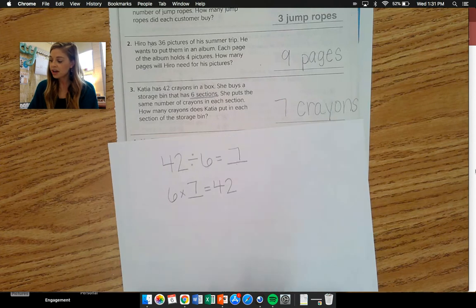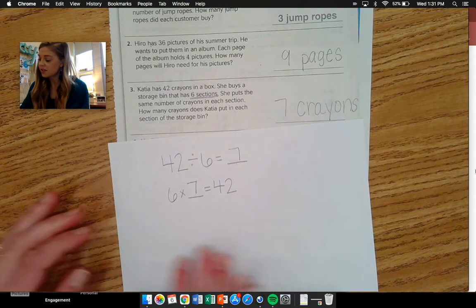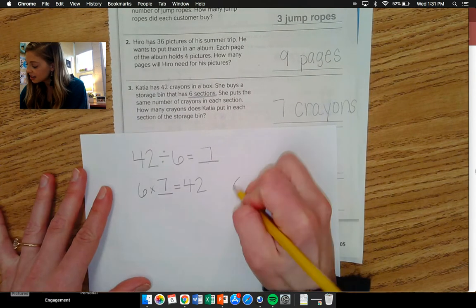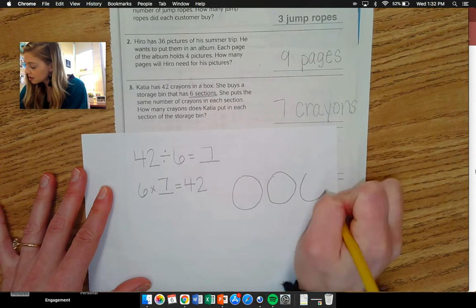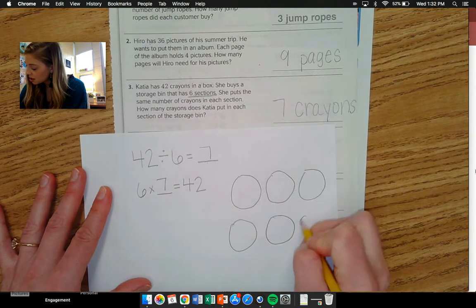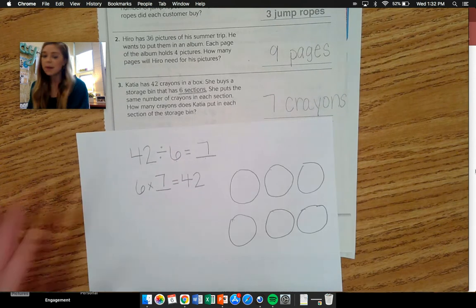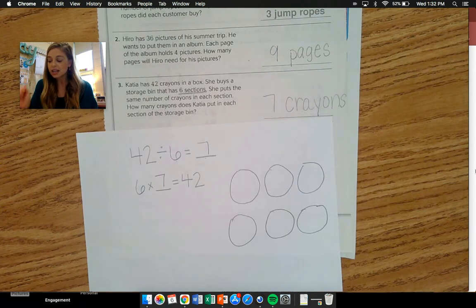You could have drawn 6 groups and put one in each section or one in each group until you get to 42. And you will find that if you did that, you would have 7 in each group. Okay?